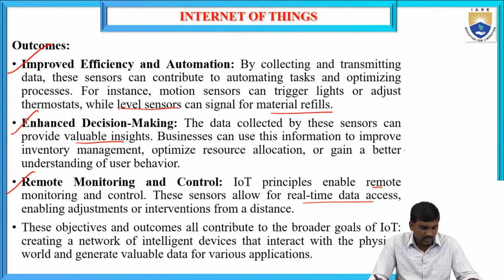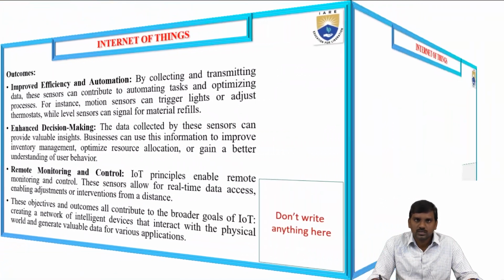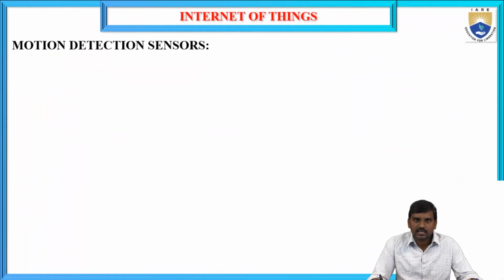So this is the third outcome, remote monitoring and control of the IoT device. These objectives and outcomes all contribute to the broader goals of IoT: creating a network of intelligent devices that interact with the physical world and generate valuable data for various applications. So these are the outcomes, like improved efficiency and automation.